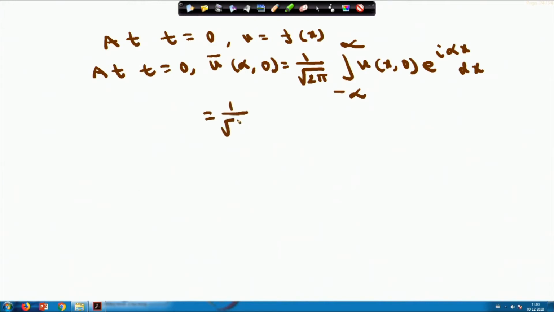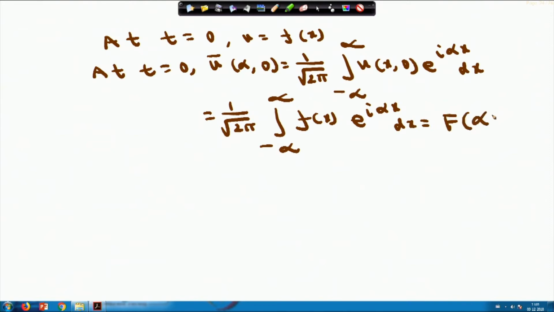So this equals 1 by root 2 pi integral from minus infinity to infinity f x into e power I alpha x into dx. And this I can write as capital F of alpha, because 1 by root 2 pi integral of f x e power I alpha x dx is the Fourier transform of f x. So, what I am getting at t equals 0 is u bar alpha 0 equals F alpha.